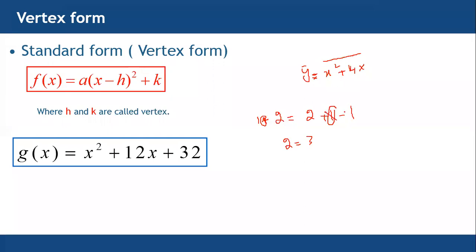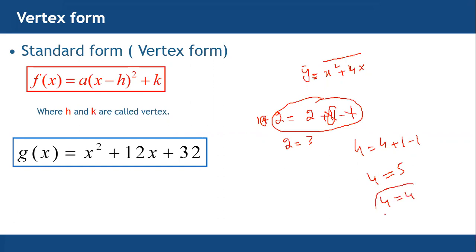This plus and minus again equal 0 and the equation will be balanced. But if you add on one side only, you are unbalancing the equation. 4 is equal to 4 and if you add 1, this means 4 equal to 5. This is wrong. But if you also subtract 1 here, then again 4 is equal to 4.